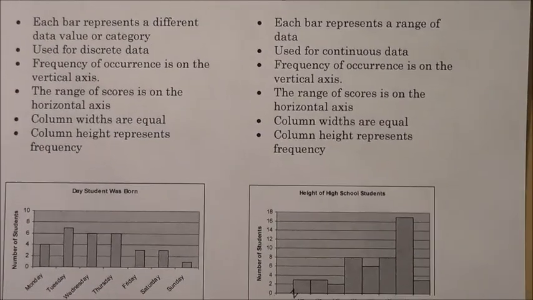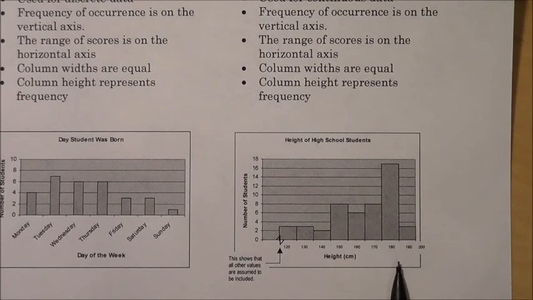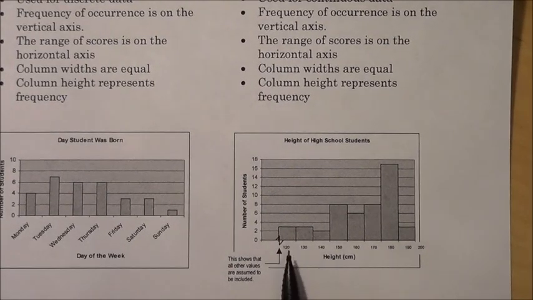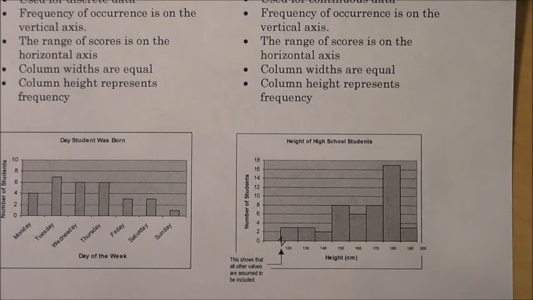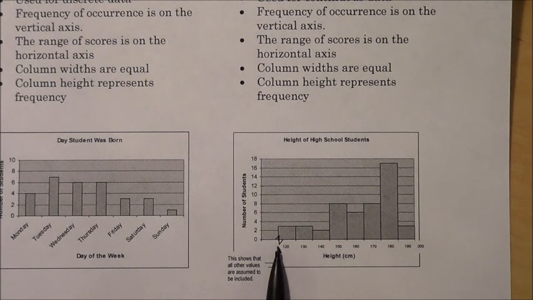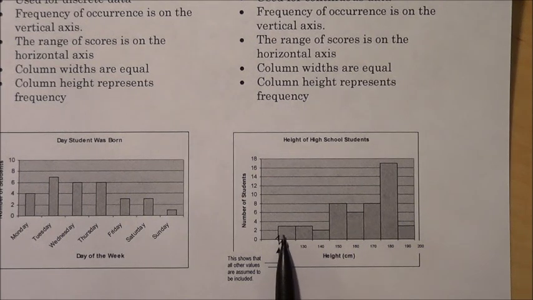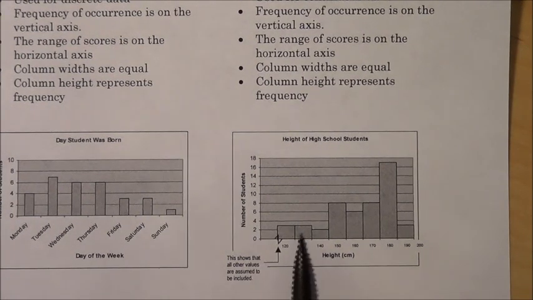In a histogram, they're sometimes called frequency histograms, other times just histograms. That's for continuous data. So here in this case we're talking about the height of students, and so students aren't all the same height, and so maybe we say, okay, well, we're going to start from 130 and go up to 135, and then 135 to 140, and 140 to 145, etc. So any students that are in this range would be counted, and then any students in this range would be counted.